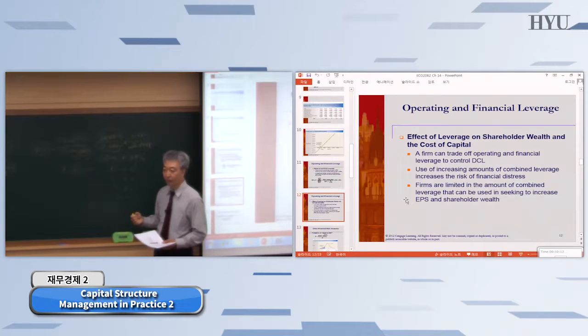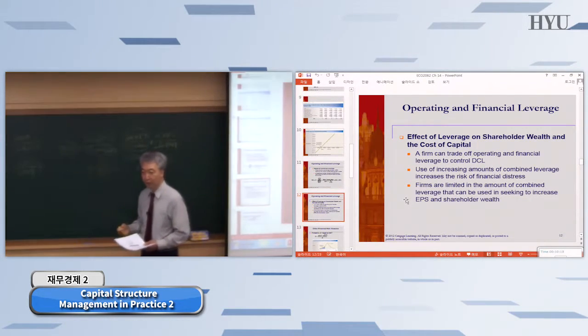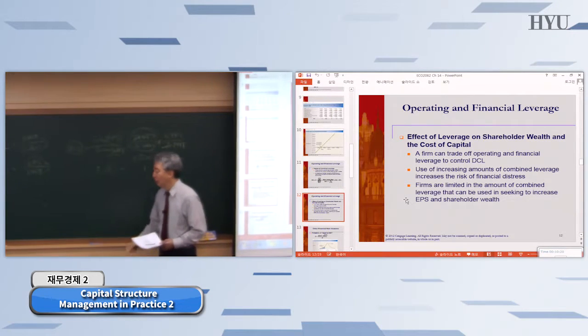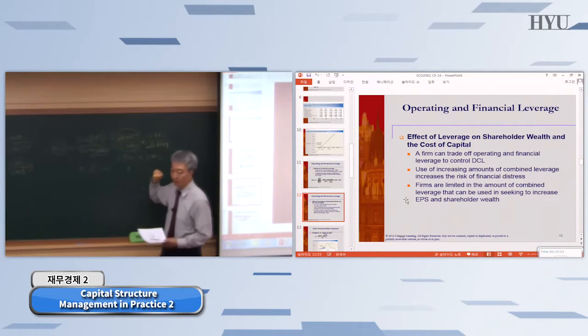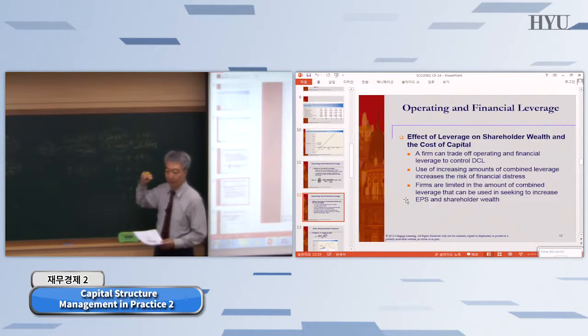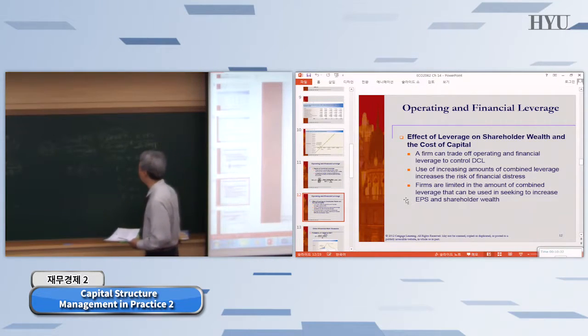What's variable? It's a risk. What we mean by risk is simply the variability. So when you have larger fluctuation in EBIT, operating income, that means we have higher risk. Risk increases.